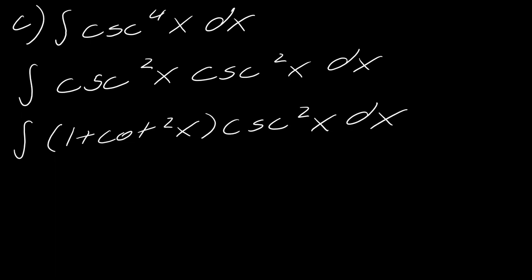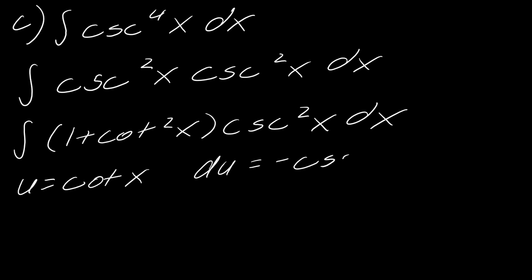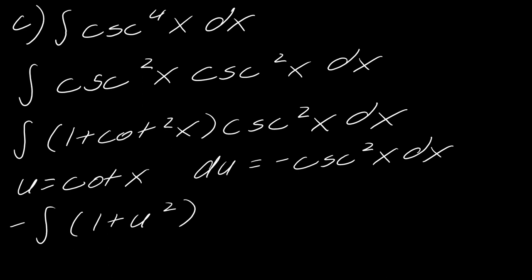Now I can go ahead and set my u equal to cotangent x. And then my du will be negative cosecant squared x. So I can put the negative on the outside and rewrite this as the integral of 1 plus u squared du.